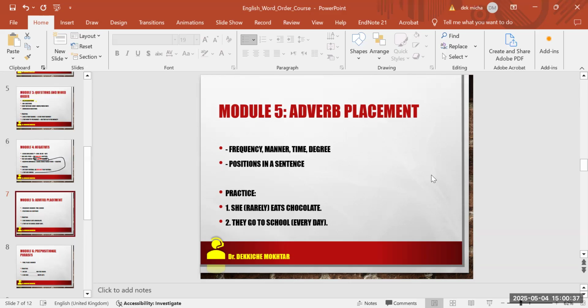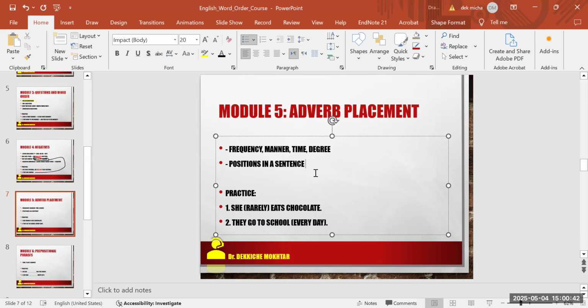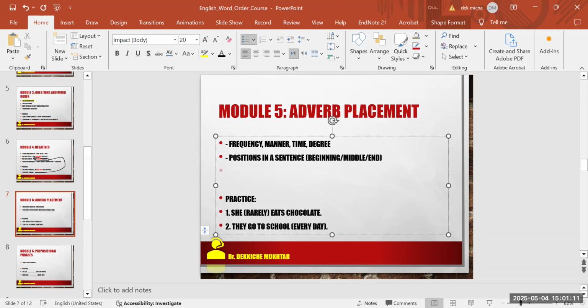Adverbs can appear at the beginning, at the middle, or at the end of a sentence. Let's take an example.